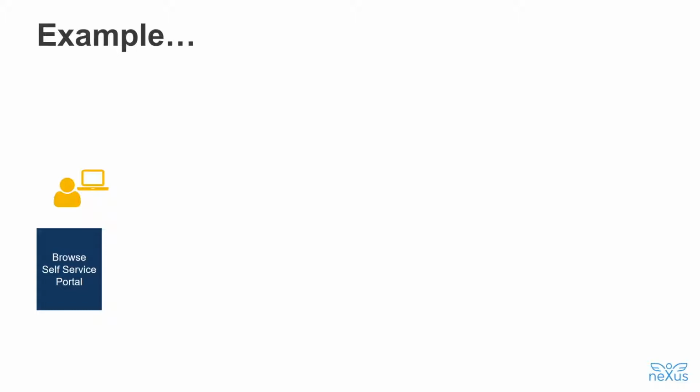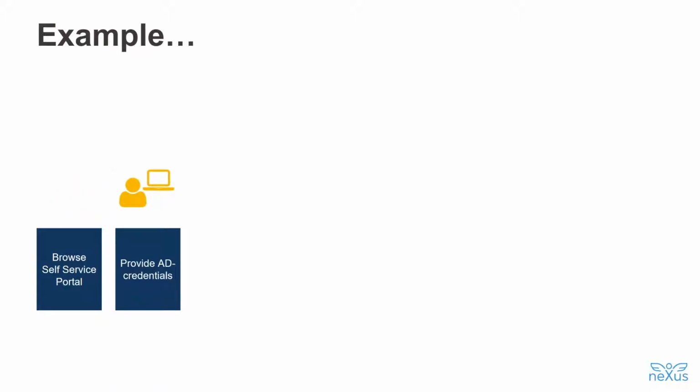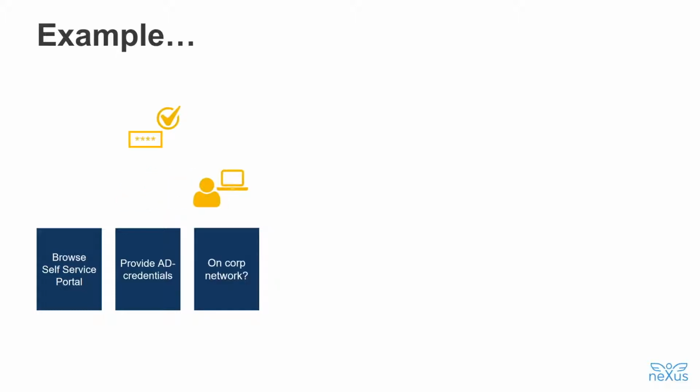Just to give you an example, what we did for one customer, we implemented a solution where the end users straightforwardly got an email where they clicked and were able to go to a self-service portal. On this portal, they provided their username and password, their ID credentials. This was checked, and then we also checked if they were on the corporate network and on a corporate laptop.